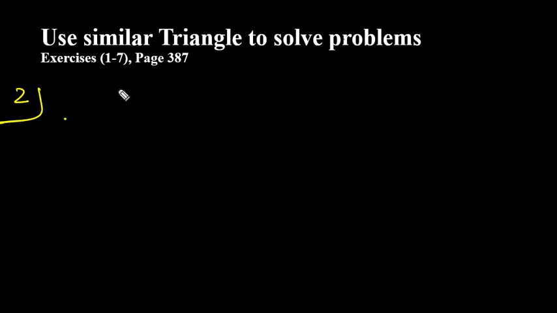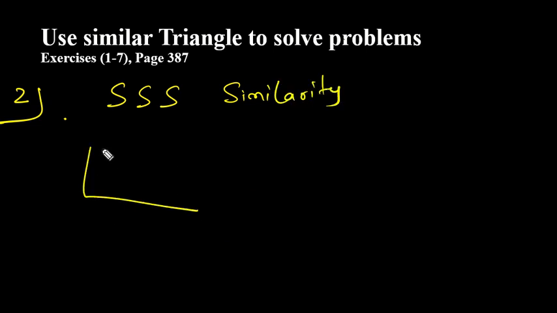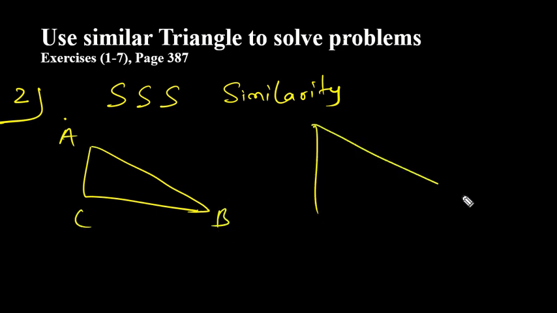Second, we have side side side similarity. So again, let's take an example. Let's say triangle ABC, and let's take triangle XYZ.